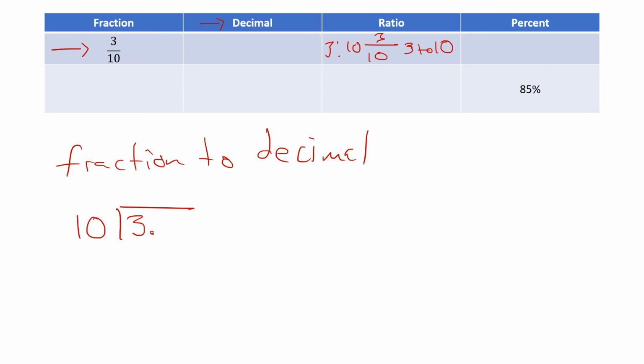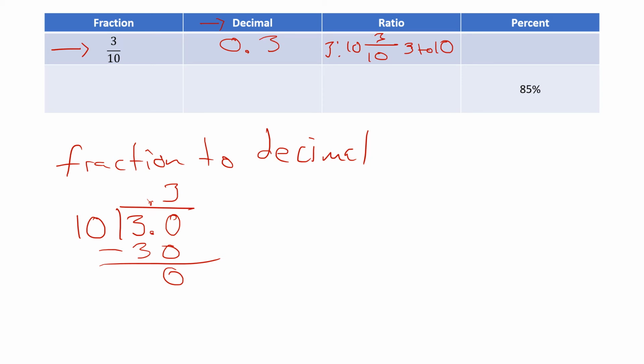Start by putting down a decimal and a 0. Bring your decimal up into your answer. How many times does 10 go into 30? Well, 10 goes into 30 3 times. 3 times 10 is 30. Subtracting, we get 0, and we're done. So our decimal is 0.3.